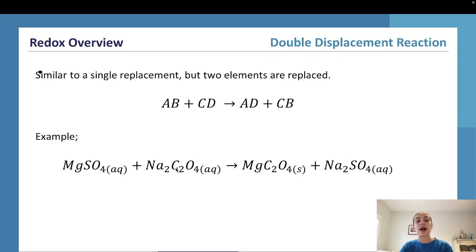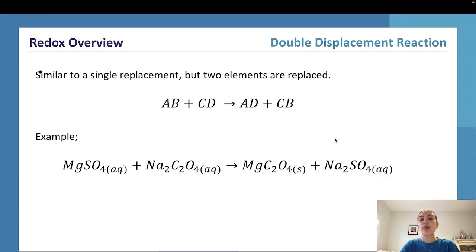We need to divide it between the 2 of them. So we need +6, and +6 divided by 2 is going to give us +3 per carbon atom. So if we've got +1, +1, +3, +3, -2, -2, -2, -2, that in total is going to give us 0.